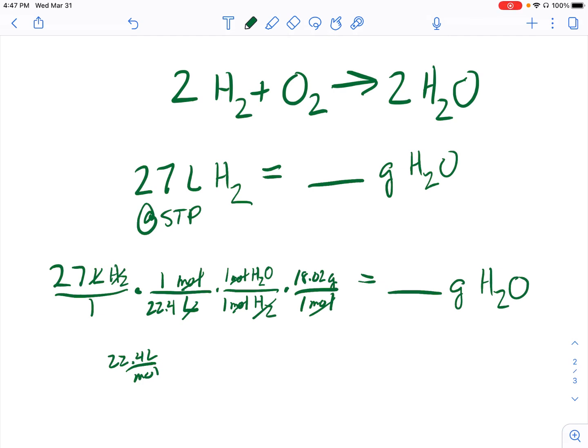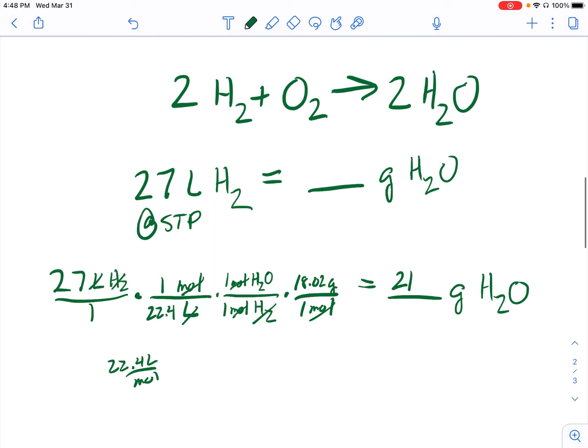So the math again, 27 divided by 22.4 times 18.02. And if you notice what I did there is I've just done this so many times, I realized the shortcut.